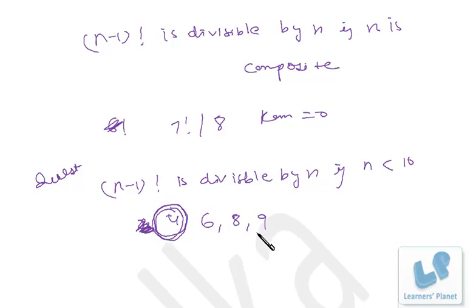It will not be 4 but 3. But believe me, in the options there will be the answer 4 also. So you have to be careful. 4 is the exception. So you are left with n taking 3 values: 6, 8 and 9.